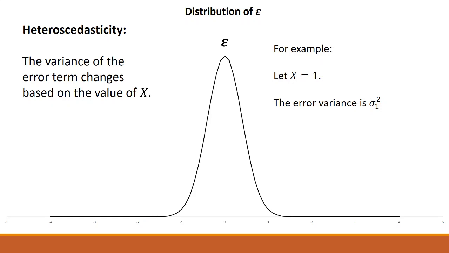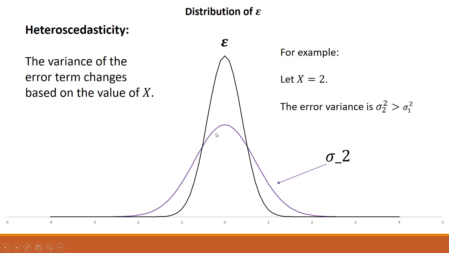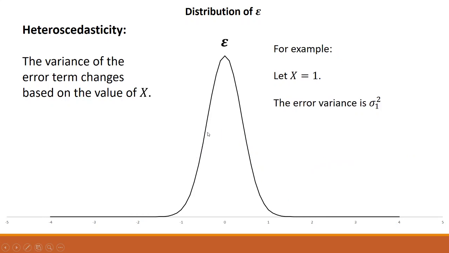Heteroscedasticity is that the variance of the error term changes based on the value of x. For example, let's say that x equals 1. In that case, the error variance is going to be sigma squared 1. That's this distribution here, which is pretty small, a very small variance when x equals 1.